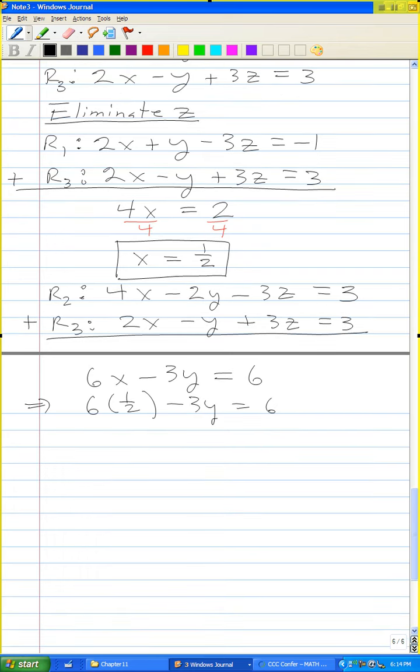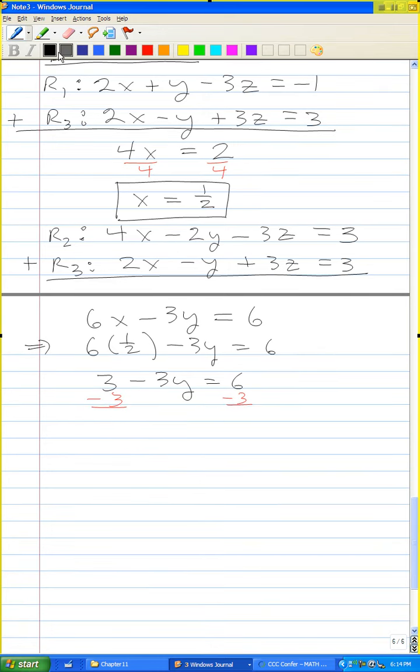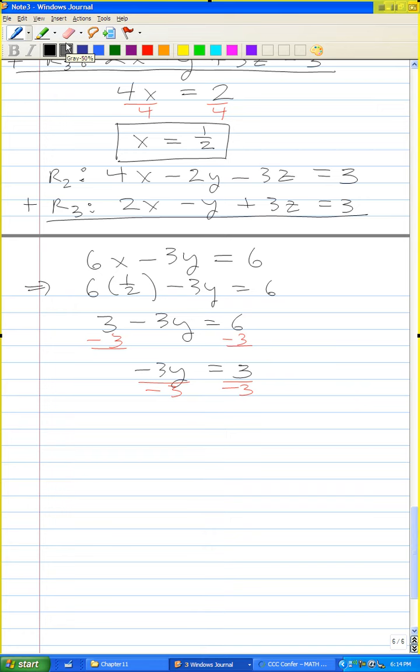And so I get 3 minus 3y is 6. Subtract 3 from both sides of my equation. So I get negative 3y equals 3. Divide both sides of my equation by negative 3. And so I get y is negative 1.